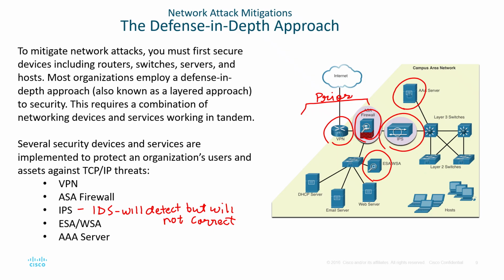So again, some examples: VPNs, ASA firewalls, IPS and IDS, intrusion prevention system and intrusion detection system, ESA and WSA, and then your AAA server. Your TACACS is a different server.